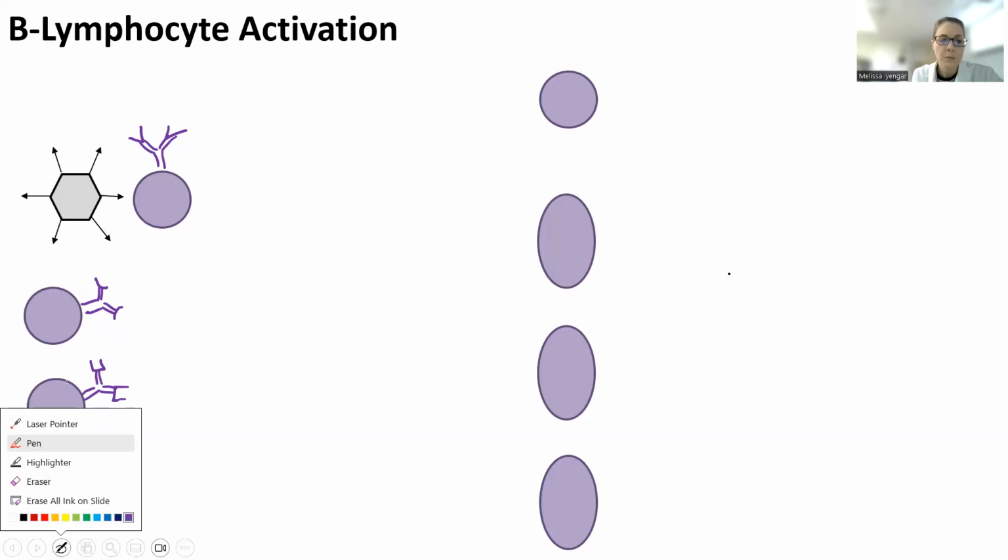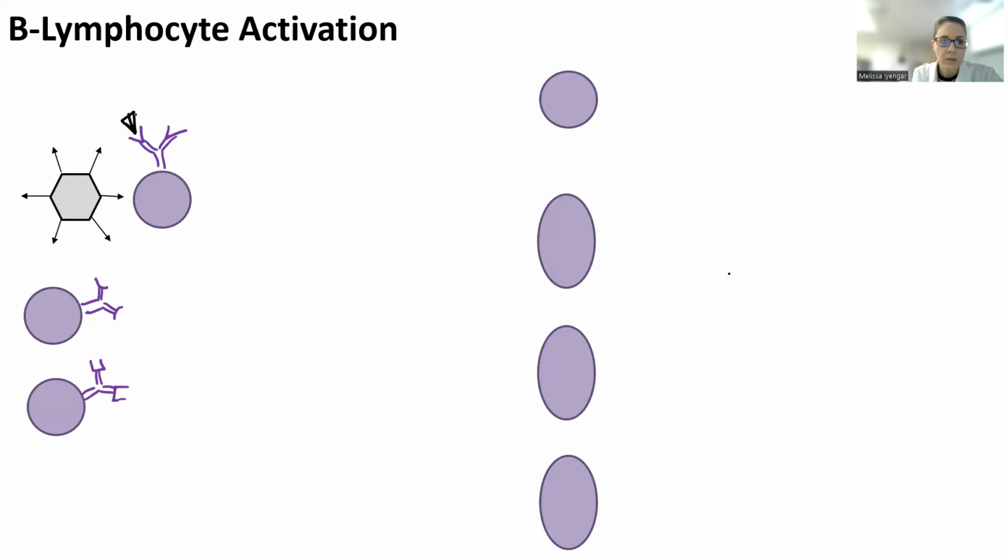So what's going to happen is the B cell, once it binds to an antigen that's going to be on one of our pathogens here, this is our virus. Anyway, our B cell has these antibodies with different variable regions here.